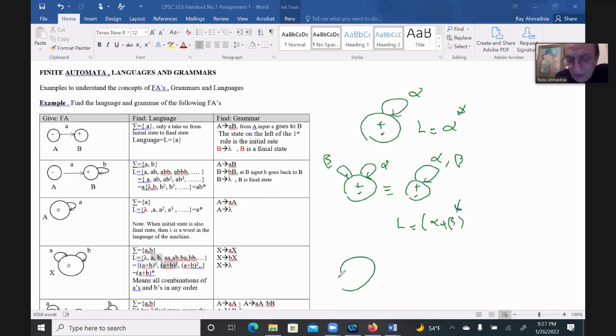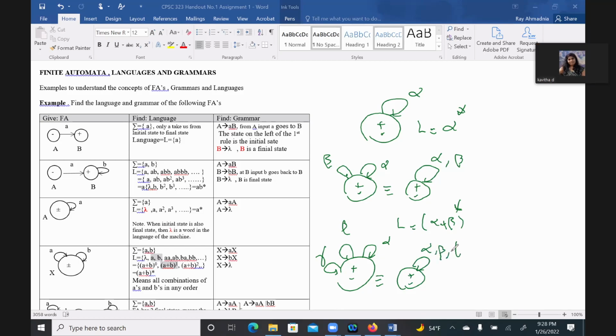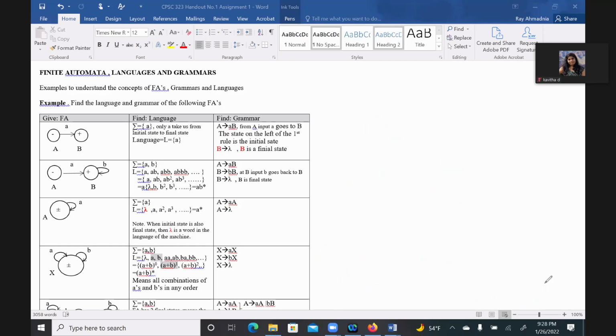If I have three loops, alpha, beta, and gamma, this is the same as alpha or beta or gamma, and the language is alpha or beta or gamma, the whole thing star. Yes? Perfect.